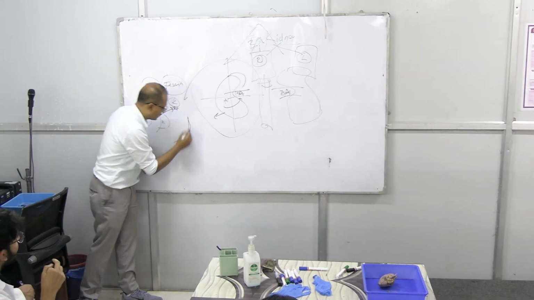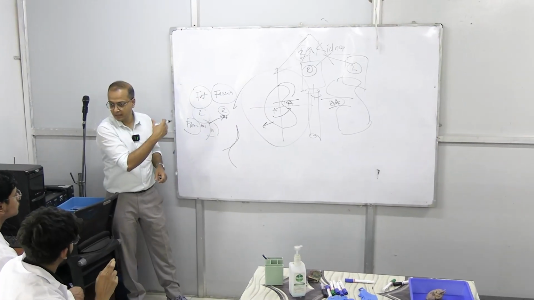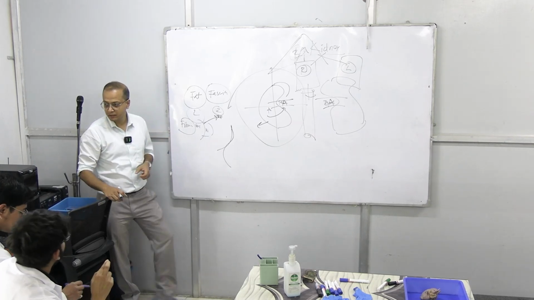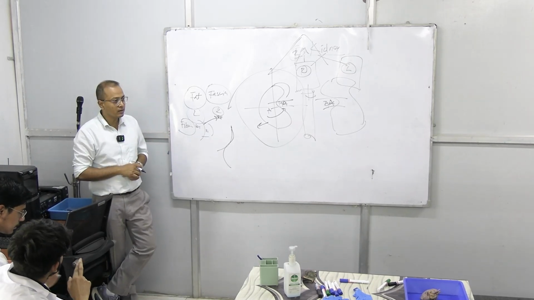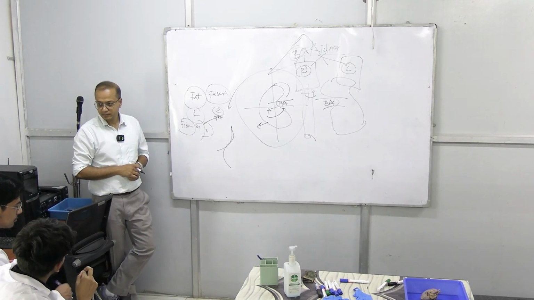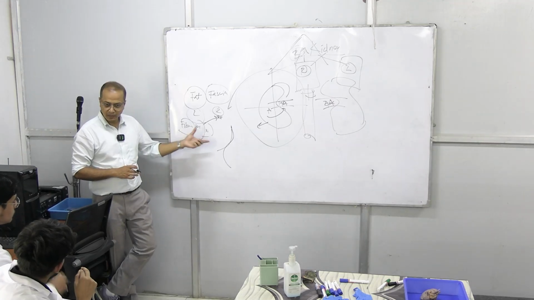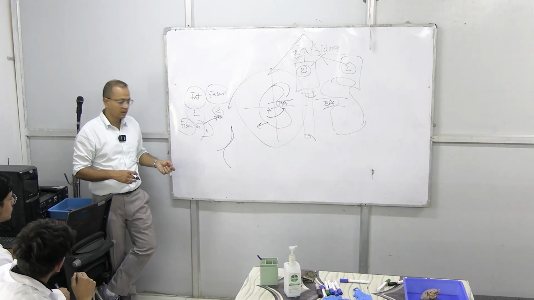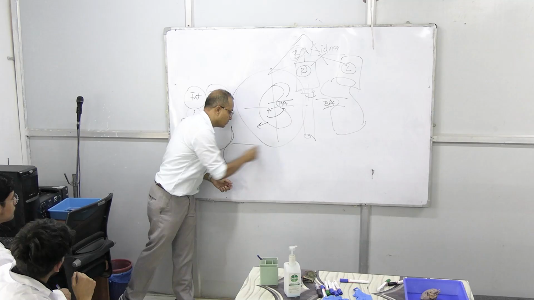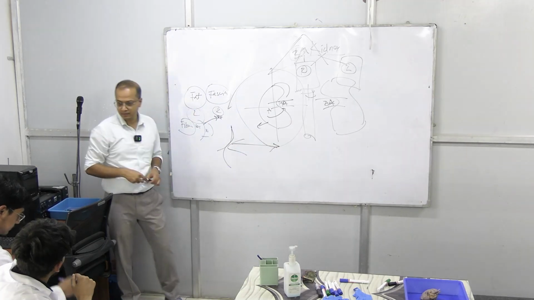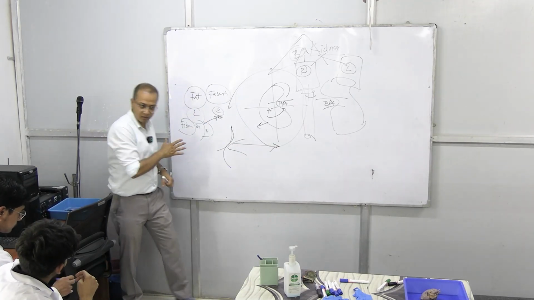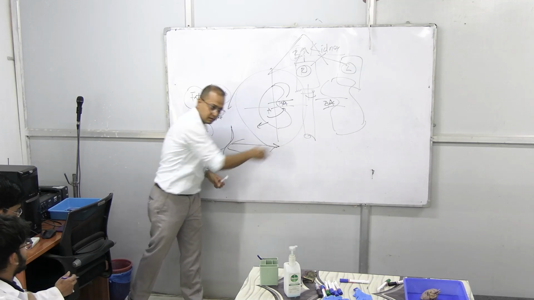So posteriorly it is continuous with the muscle lying there, the psoas muscle on the back side, which has a covering, the psoas fascia. Laterally it is blending with fascia transversalis. Anteriorly it is continuous with the other side's renal fascia; right side continuous with left side.